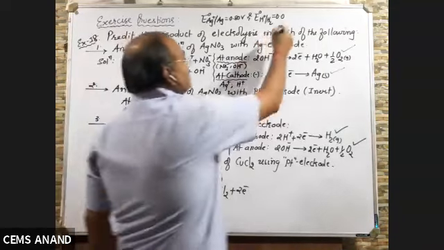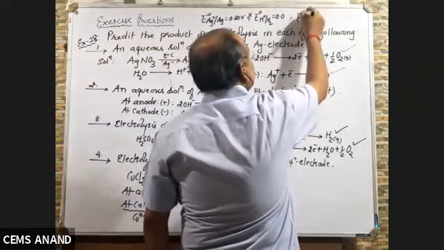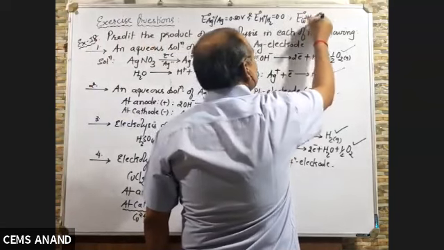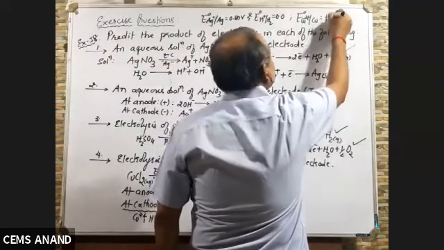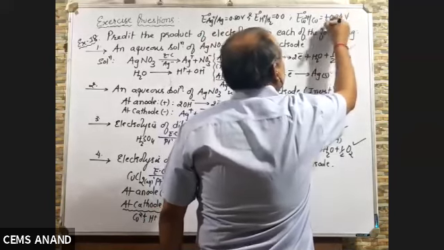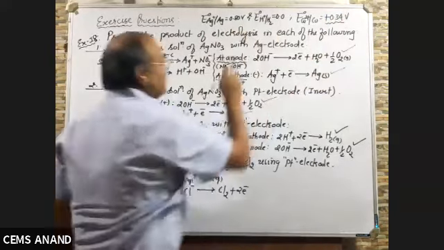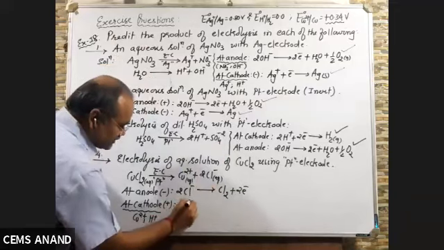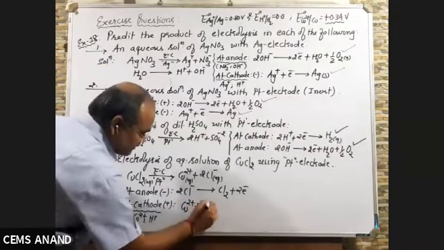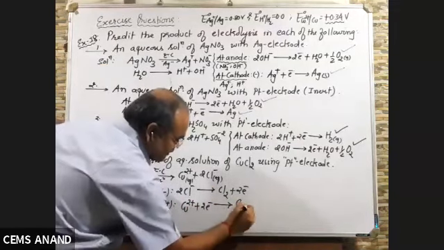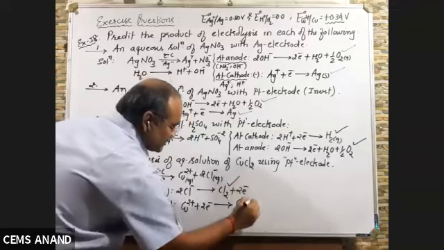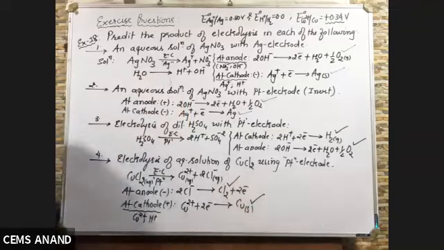Again, I will write the value of Cu2 plus. E0 Cu2 plus oblique Cu is plus 0.34 volt. It is higher value than H plus. So copper will undergo reduction. So here the product is Cu solid and Cl2 gas. So this was about your exercise questions.